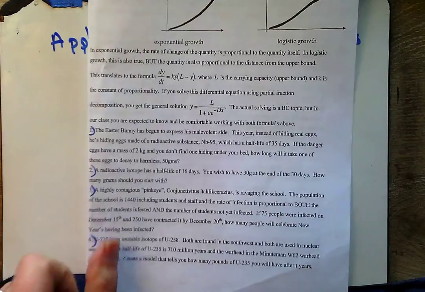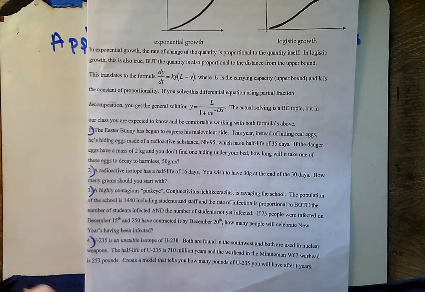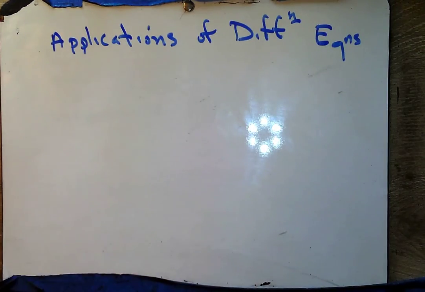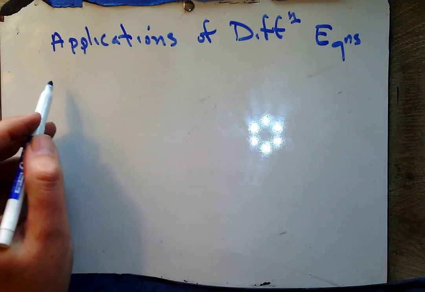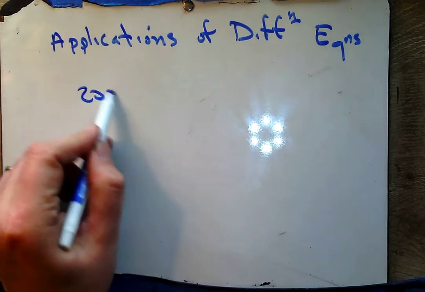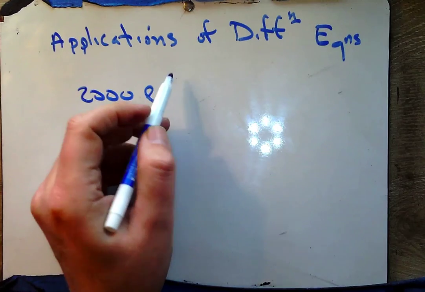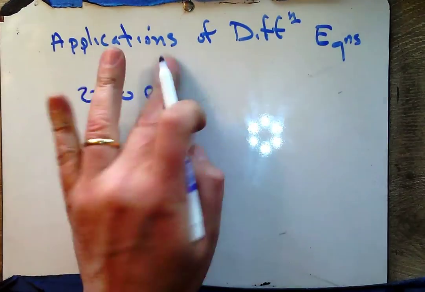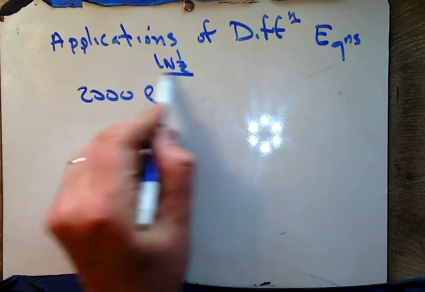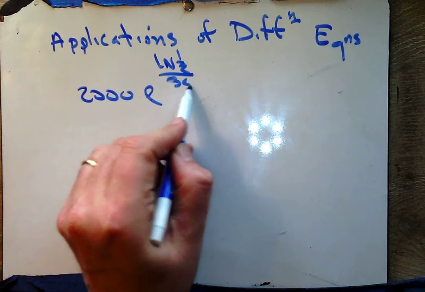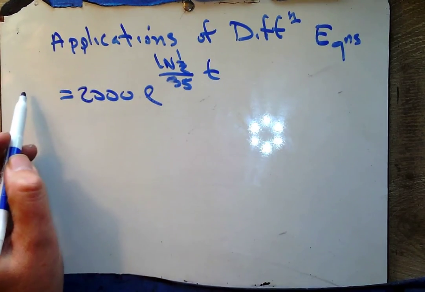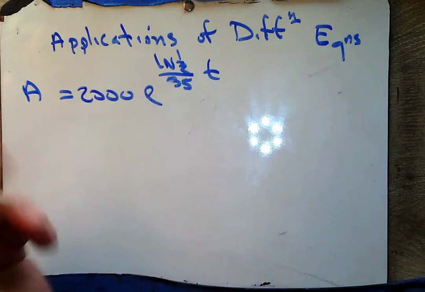Well, it's an exponential decay problem. We've got a half-life. So, I could understand you saying, well, Mr. Dupuy, you told me how much I started with. I started with 2,000 grams, and I know the half-life shortcut, where k is L1/2 over time for half-life. So, can't I use this?